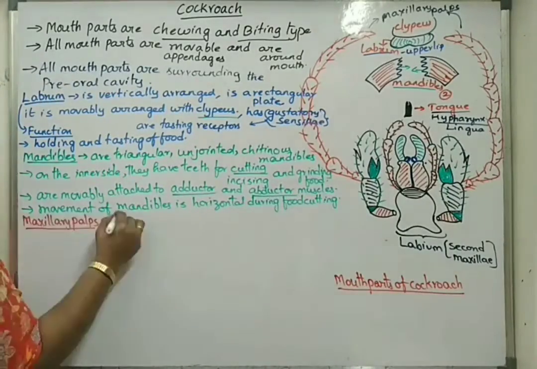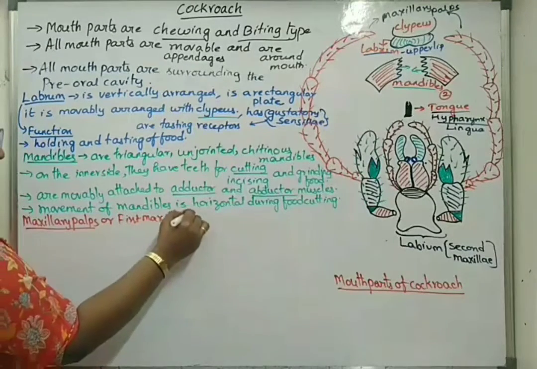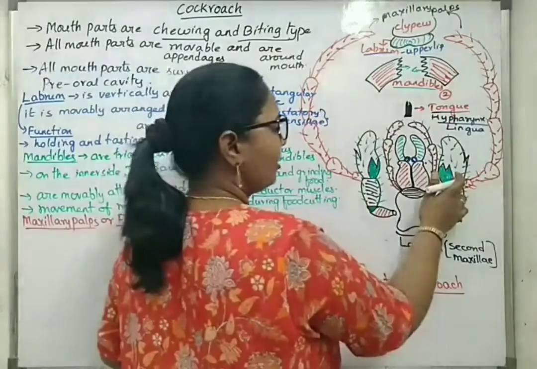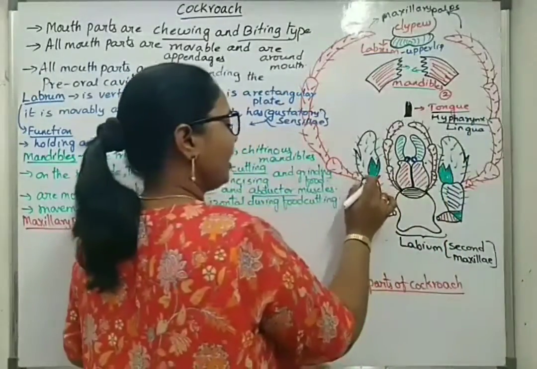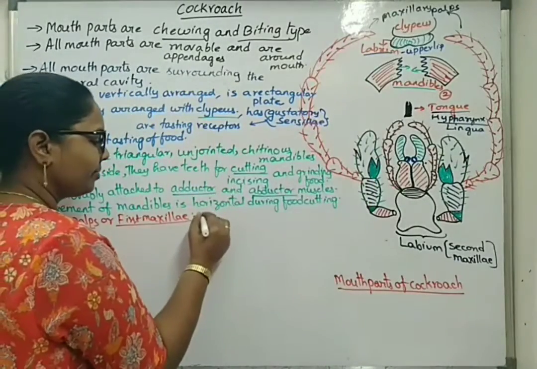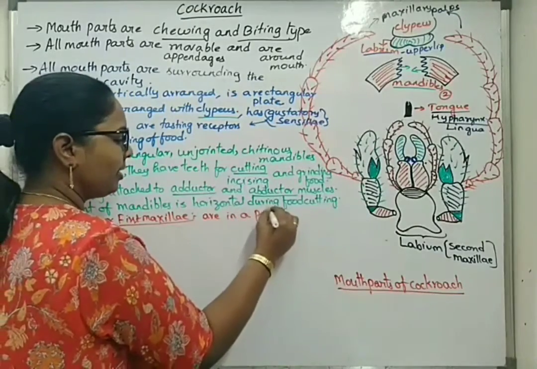Next, about first maxillae. Now we will talk about this structure, this one and this one. These are in a pair, two in number.